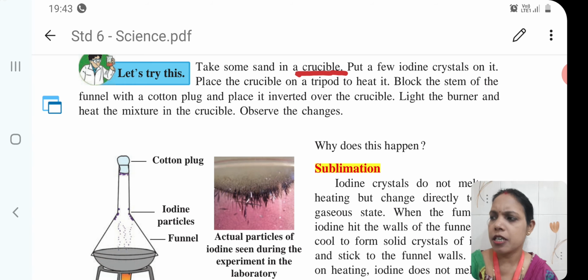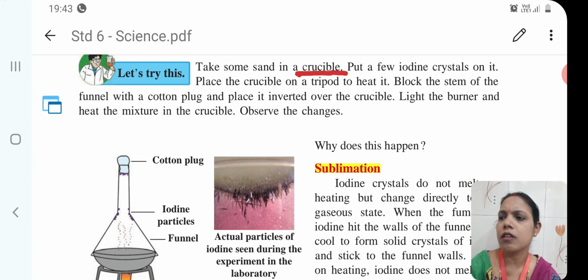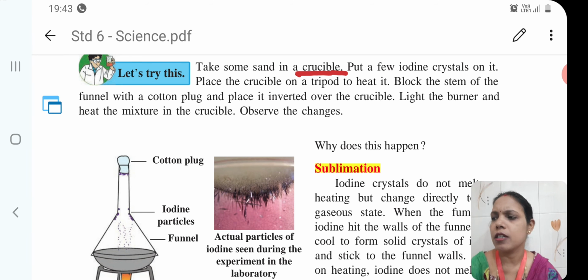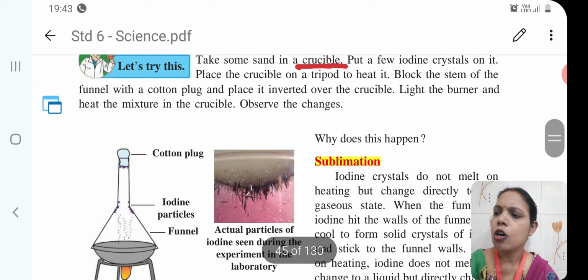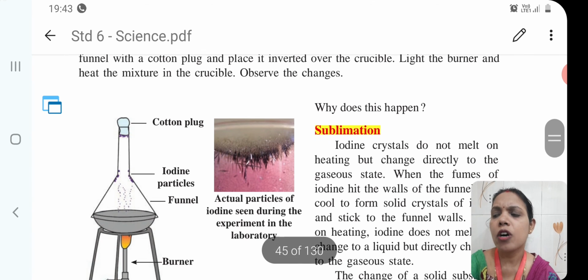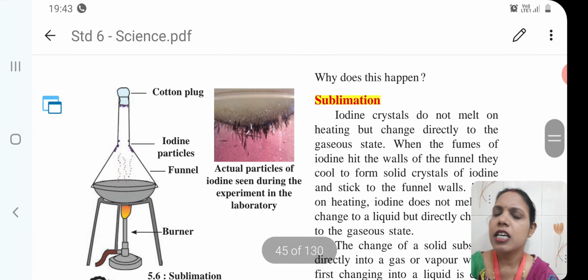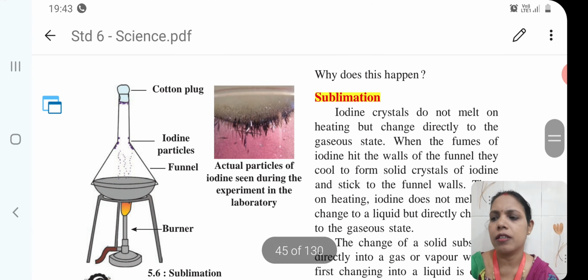Block the stem of the funnel with a cotton plug and place it inverted over the crucible. Light the burner and heat the mixture in the crucible. Now we are going to observe what changes take place in this crucible and funnel.